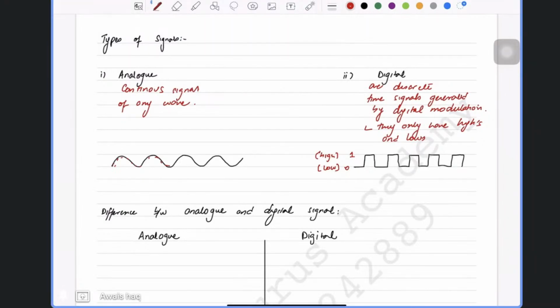It's not like it has many numbers like 1, 2, 3, 4, 5, whatever, but digital has only two: zero and one. A computer understands one means on, zero means off. So the computer changes this wave into a digital one first by digital modulation, and then sends that to the next computer, which can interpret it and create the wave again.